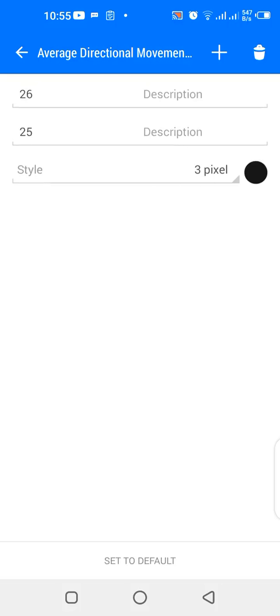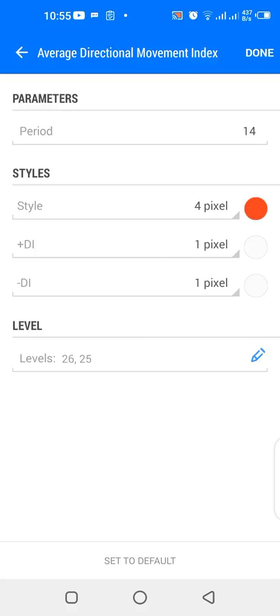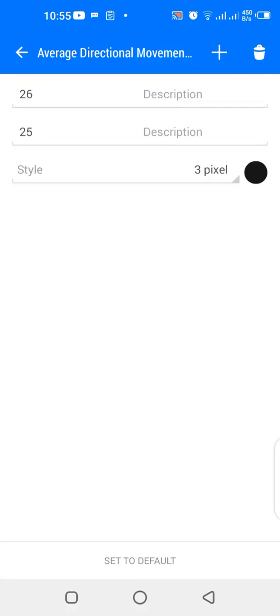Of course, when the star color, which is the red color, enters the zone from the bottom of the indicator window, when it crosses and enters the 25, 26 level, you anticipate your trade, whether you are going to buy or whether you're going to sell.